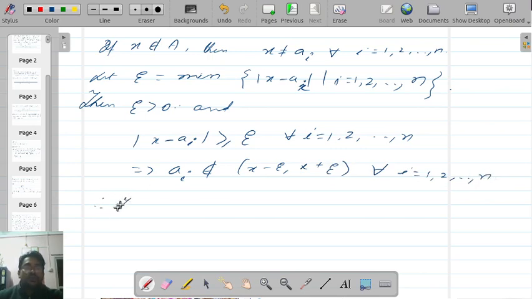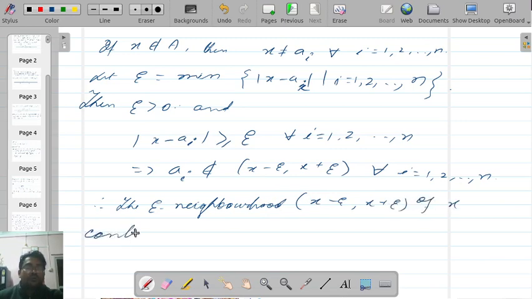So the epsilon neighborhood x minus epsilon to x plus epsilon of x contains no point of A. Therefore x is not a limit point.